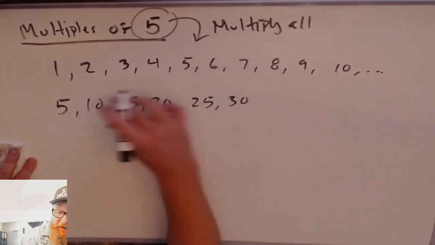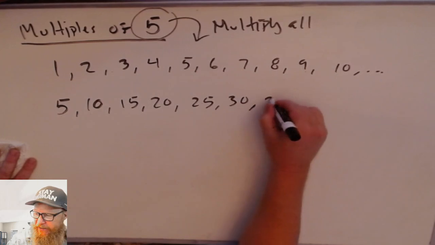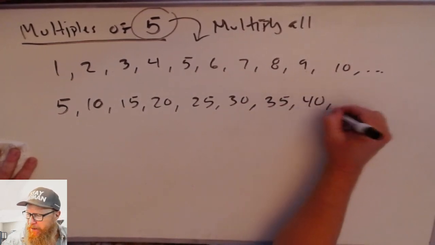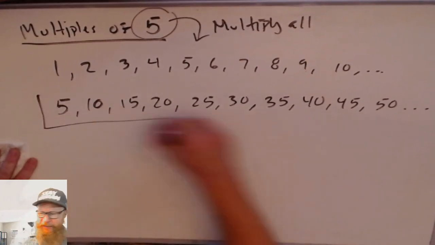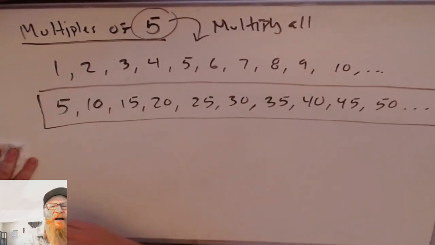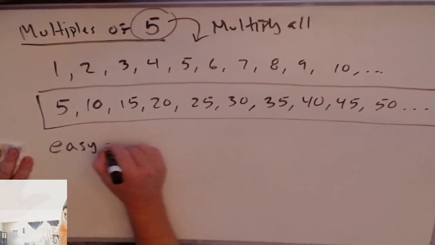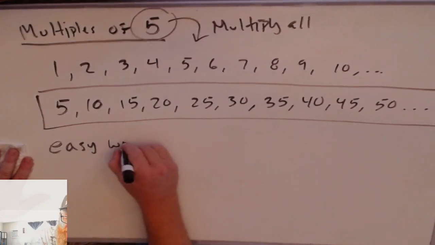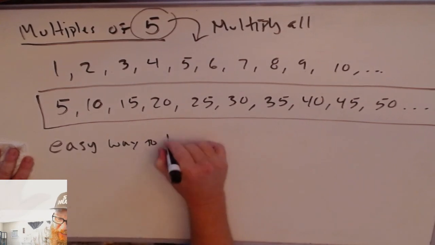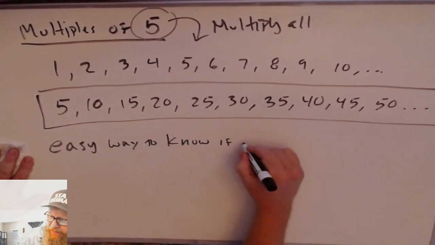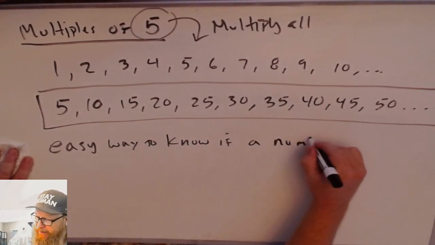You probably memorized this when you were like 6, right? 35, 40, 45, 50, etc., etc., etc. So these are the multiples of 5. This one has a really easy way to recognize or to know if a number is a multiple of 5.